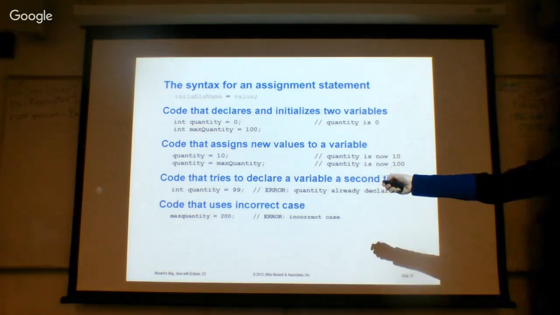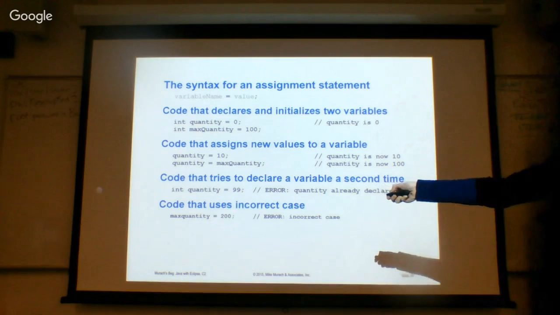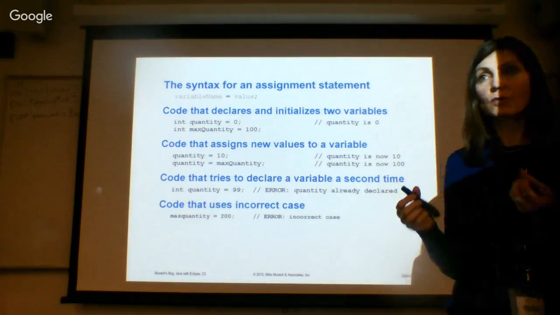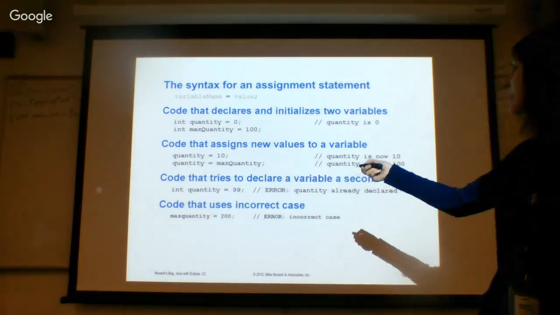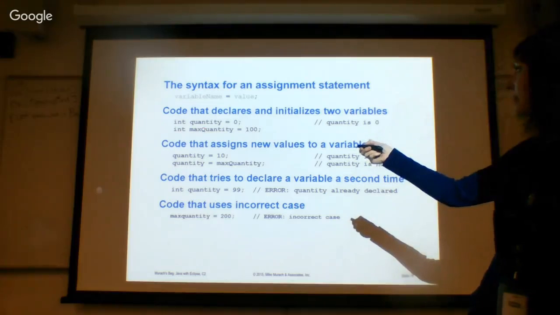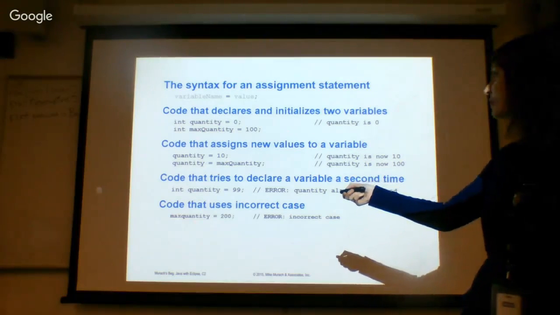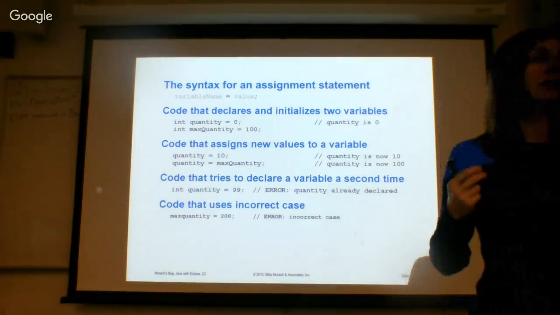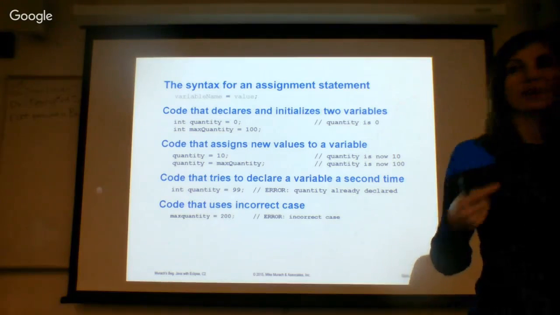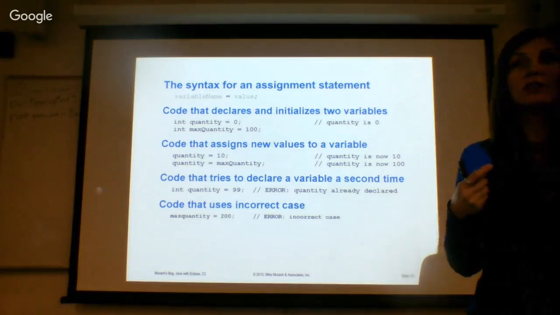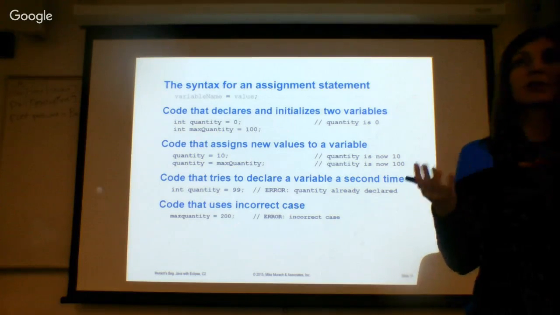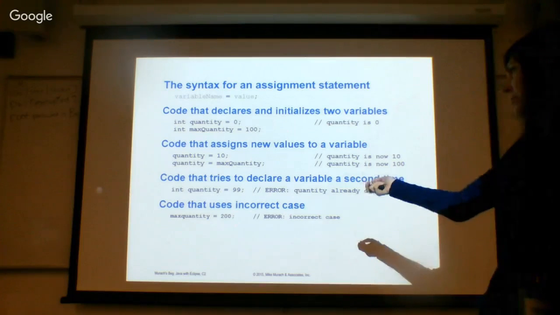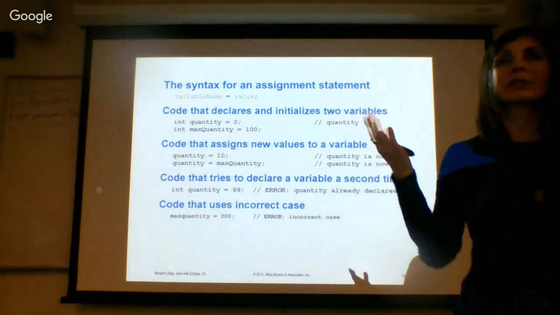Something else that comes up with the assignments: using the incorrect case. Java is case sensitive, which means that if you first declared maxQuantity with a capital Q and then try using it with a lowercase q, those are two different identifiers. They're not the same identifiers as far as Java is concerned, and it will give you a syntax error.